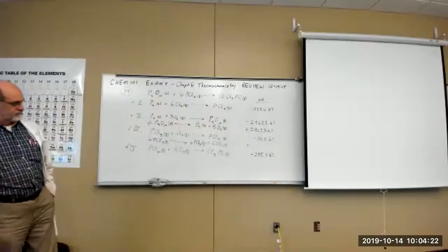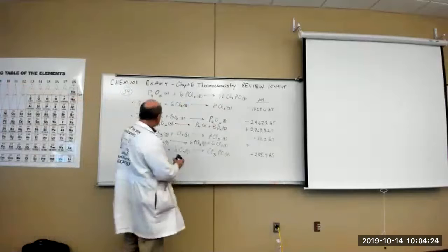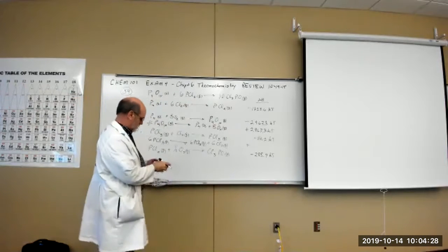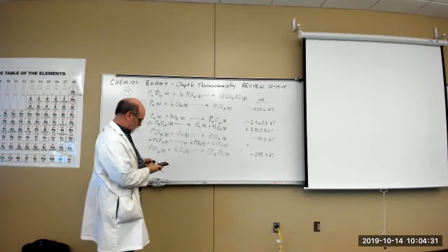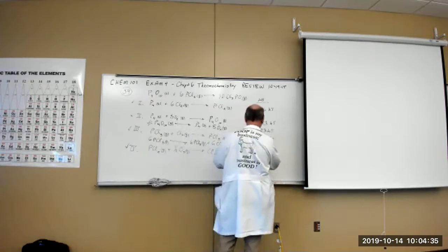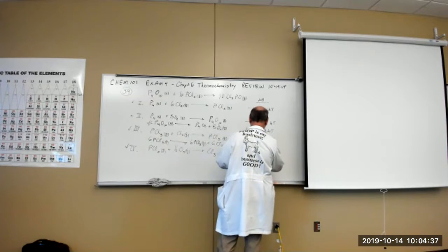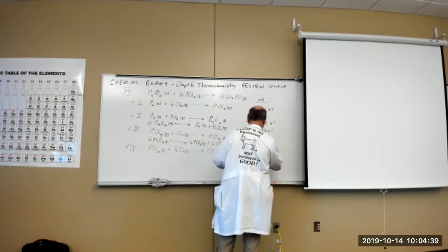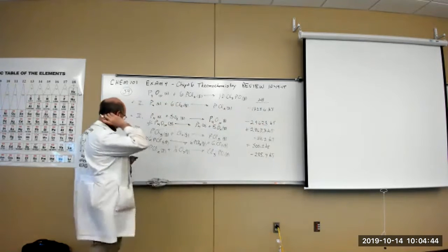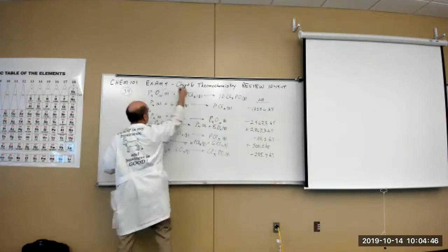So we're in the 6. Yeah, we need 6 of them. So 84.2 is 505.2. All right, so got that one. So we've covered that one and that one.